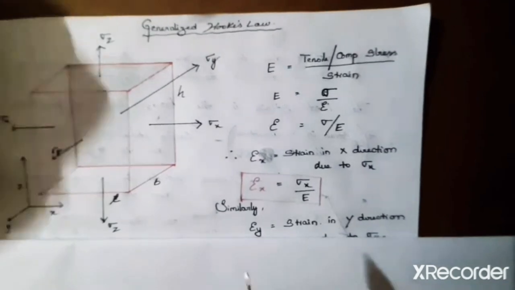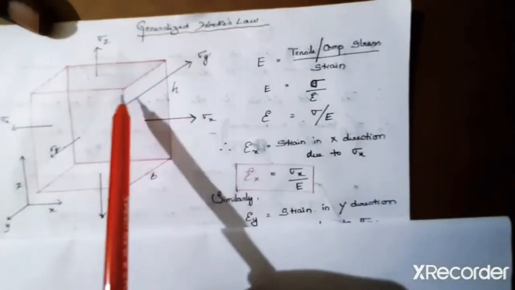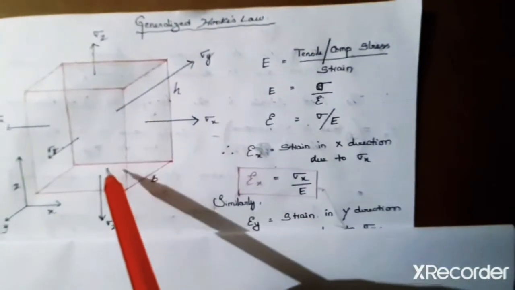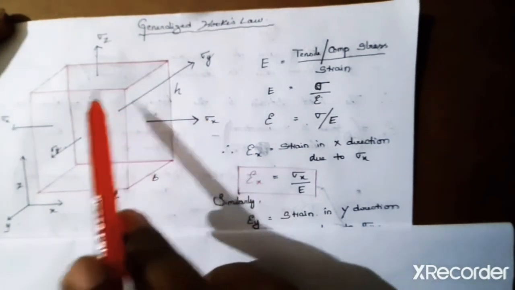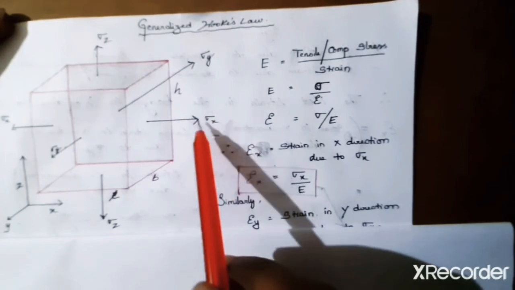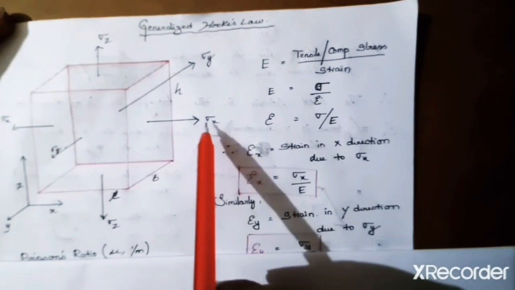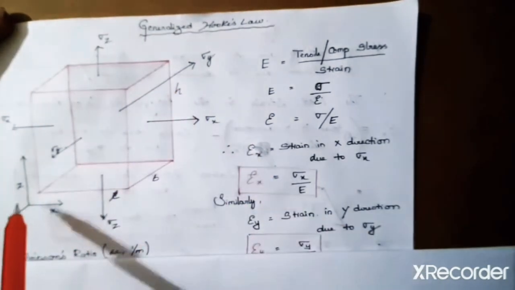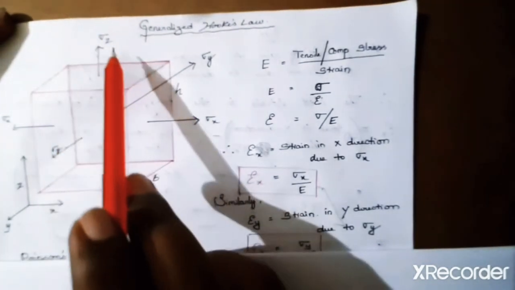Okay, so now let's get into this. As you see, this is the body that is considered, a cuboid, and as you know, the cuboid has 6 faces, and on each face there is a normal stress acting: sigma x in the x direction, sigma y in the y direction, and sigma z in the z direction.